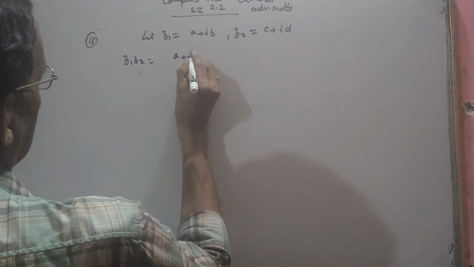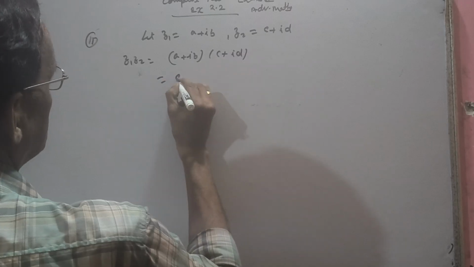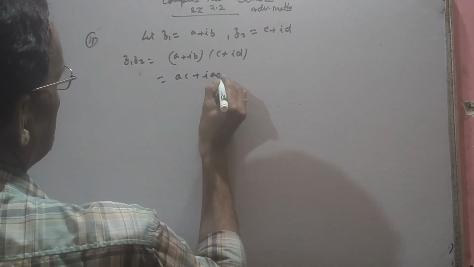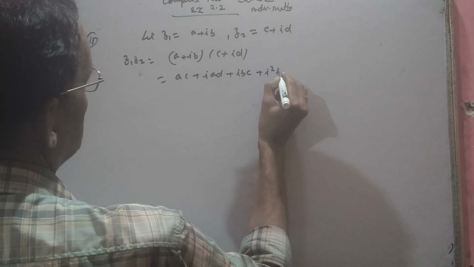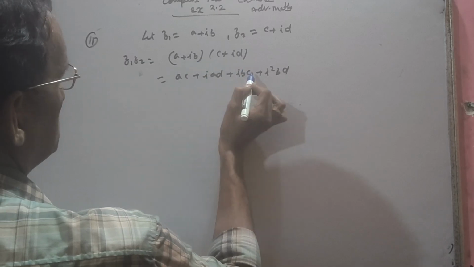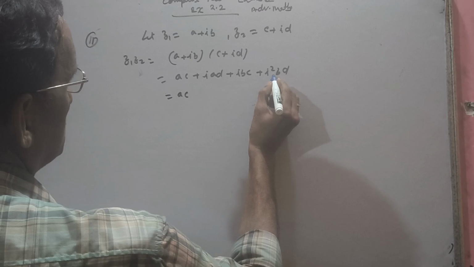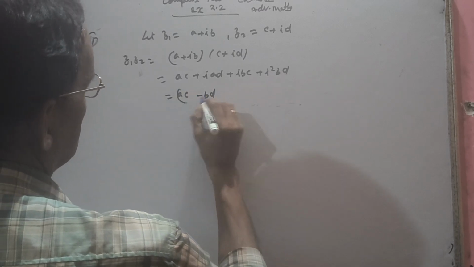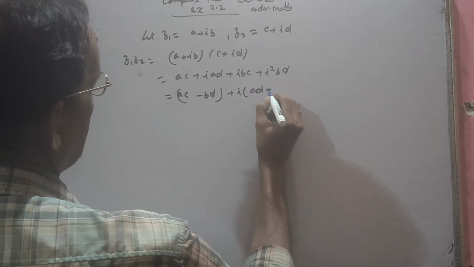So (a + ib)(c + id). Multiply here: ac + iad + ibc + i²bd. So this is ac, and i² means minus, so minus bd. Always we will try to write in the form of a + ib. Okay.